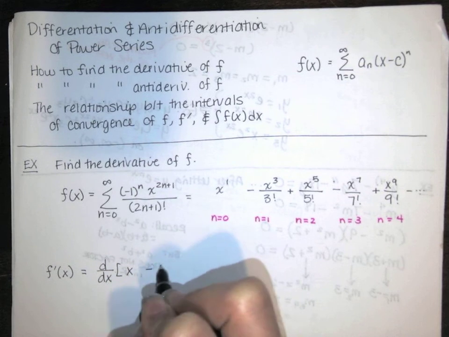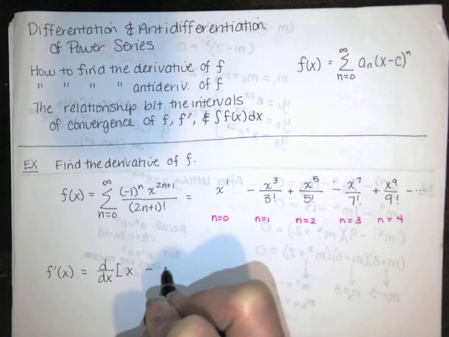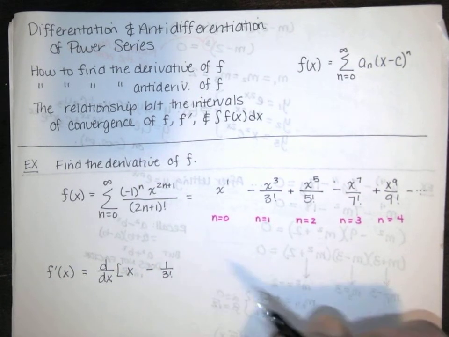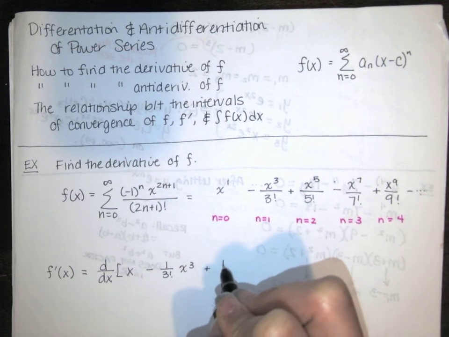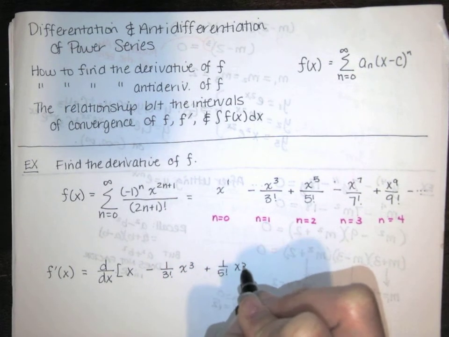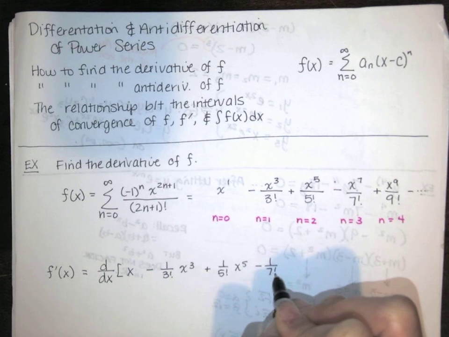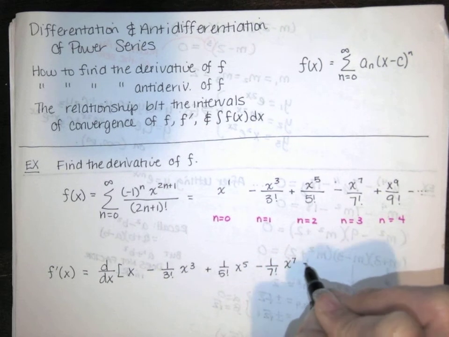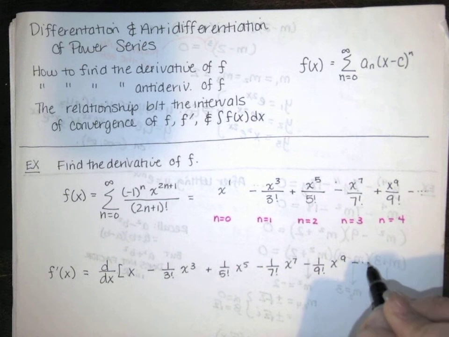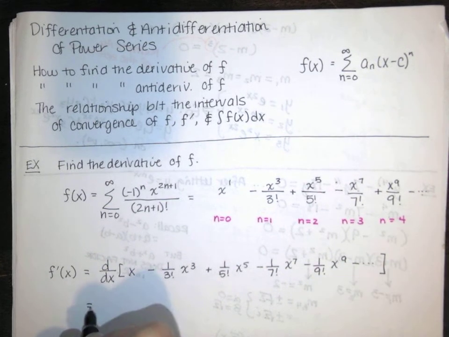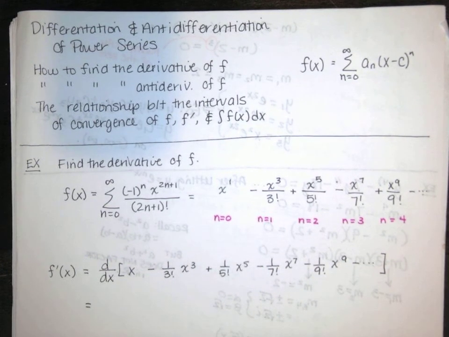So I've got x minus, I'm going to factor out those constants, 1 over 3 factorial times x cubed, plus 1 over 5 factorial times x to the 5th, minus 1 over 7 factorial times x to the 7th, minus 1 over 9 factorial times x to the 9th, and you keep going. So you're just differentiating term by term.